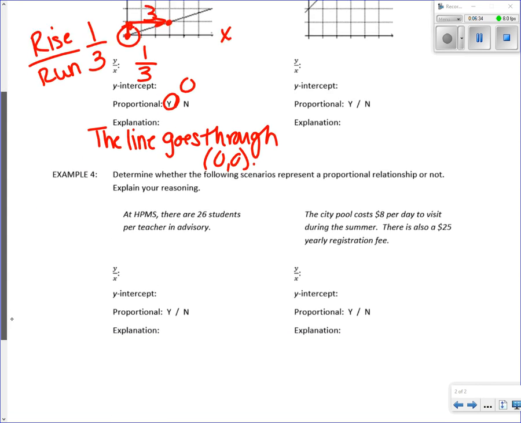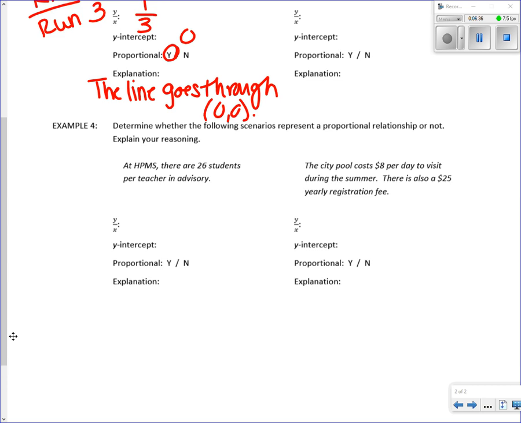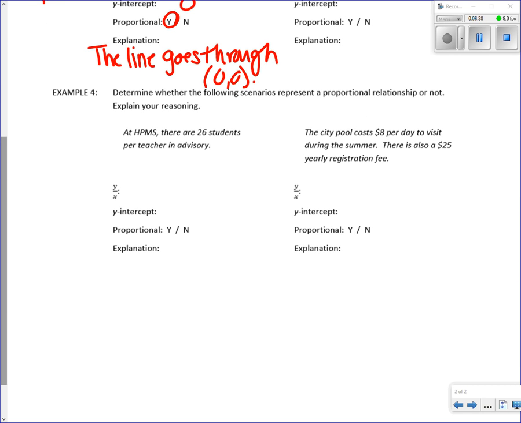Okay, so our last example is a word problem. That's what we did the Friday before our Thanksgiving break. So we're going to read our problem now and get our information out of it. At HPMS, there are 26 students per teacher in advisory. So the only number we have is 26, and since we have the per there, use your strategies, you know that is the number that is attached to your variable.